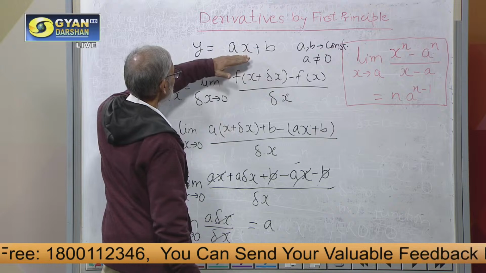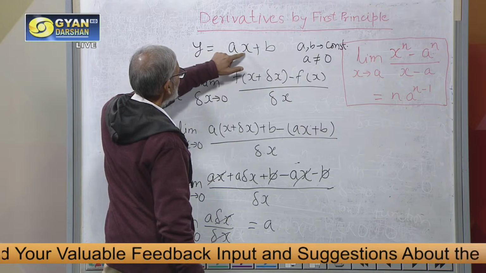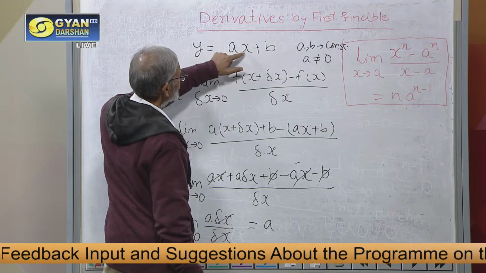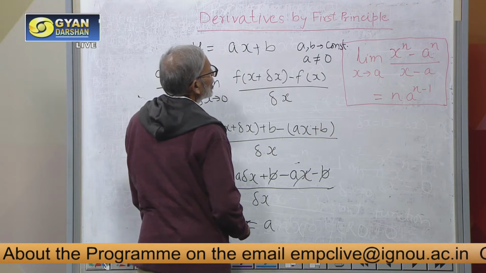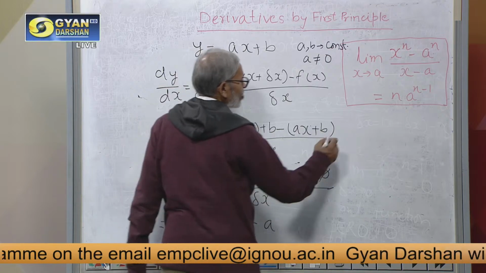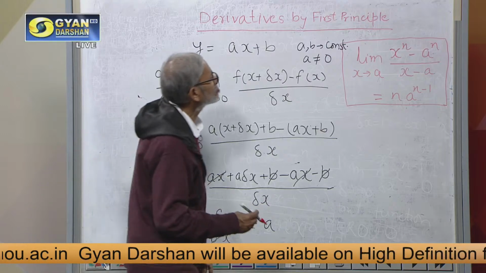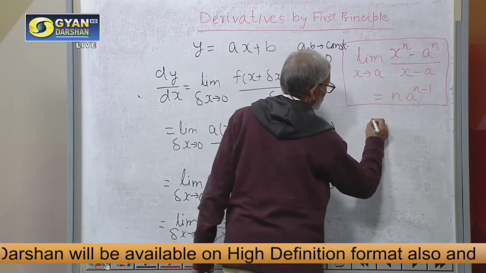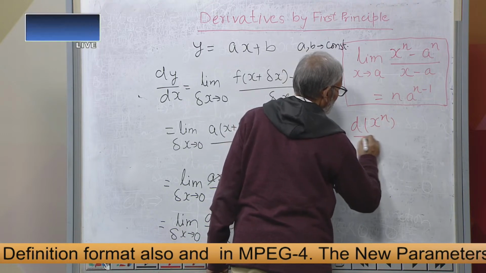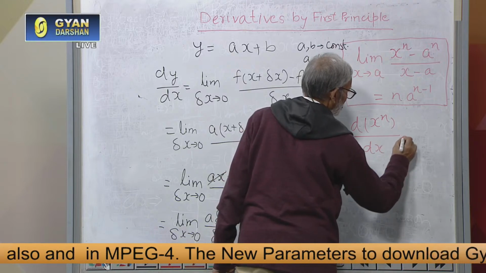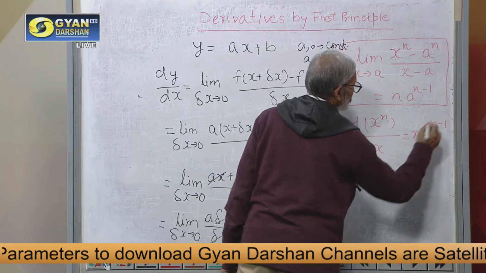In the first term, since it is multiplied by a constant a and the derivative of x will be equal to 1, from the formula we found out, dx to the power n by dx is equal to n x to the power n minus 1.